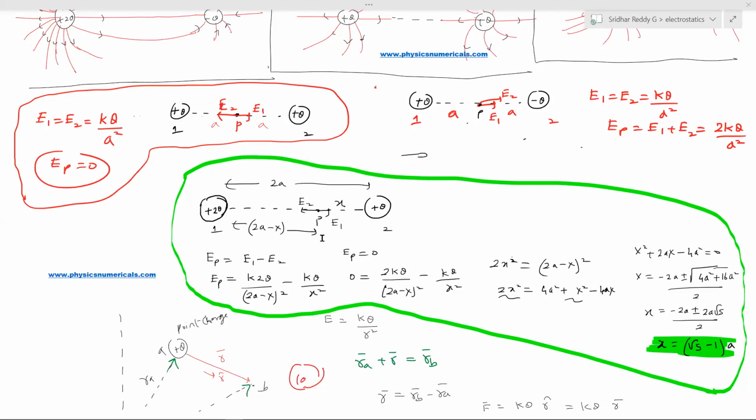Come here, so we were here. So what is the field strength at exactly the point where it will be 0? So I do have 2 charges. One is of magnitude 2q. The other is of magnitude q. The separation between them is equal to 2a. Let me proceed in this way.